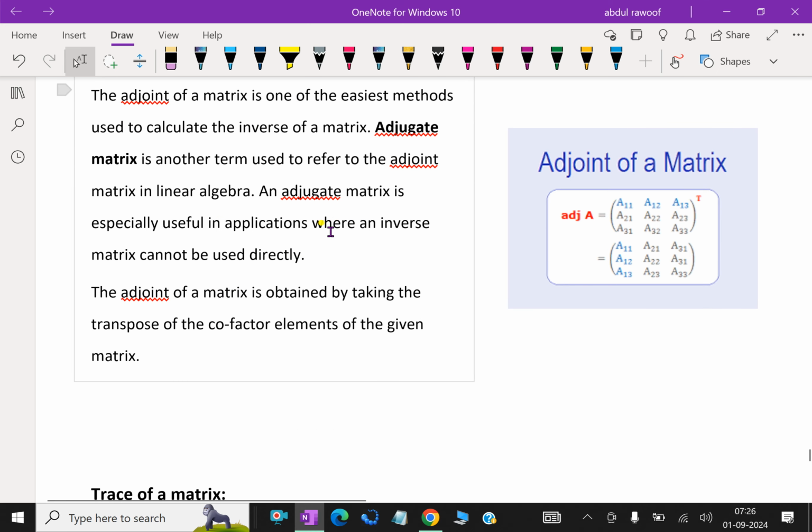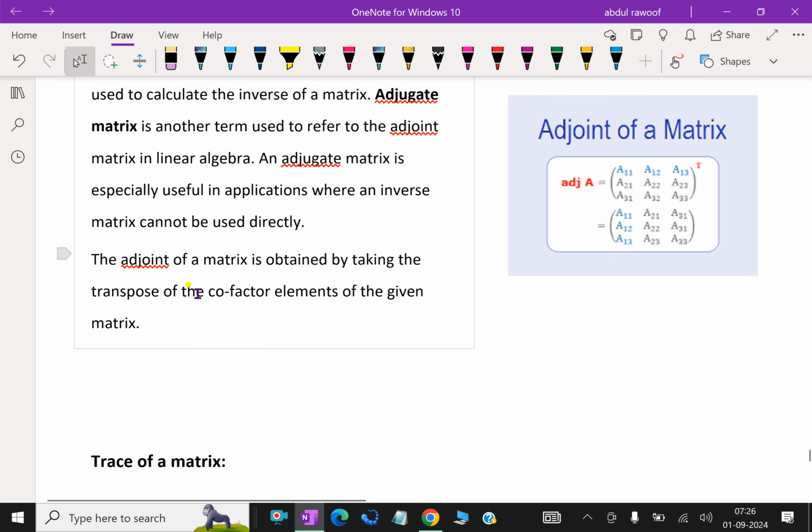An adjoint matrix is especially useful in applications where an inverse matrix cannot be used directly. The adjoint matrix of a matrix is obtained by taking the transpose of the cofactor elements of the given matrix. Look here, adj A can be written as the cofactor matrix to the power T. That means rows become columns, columns become rows.